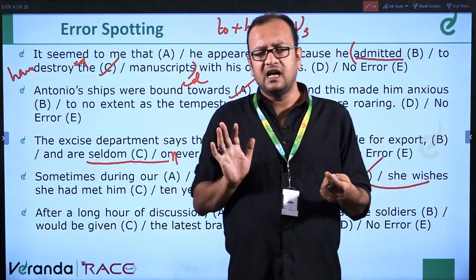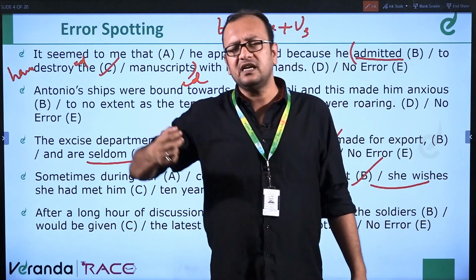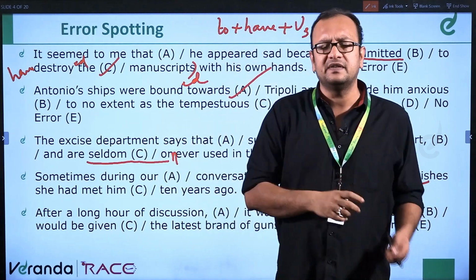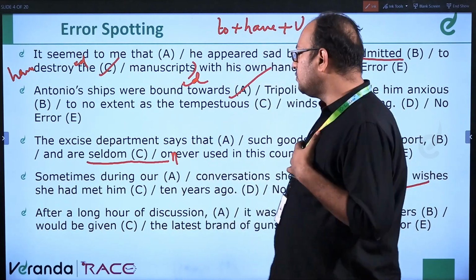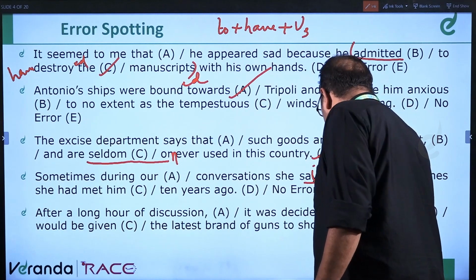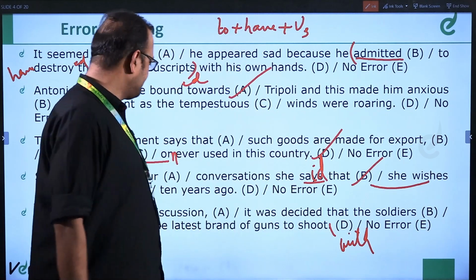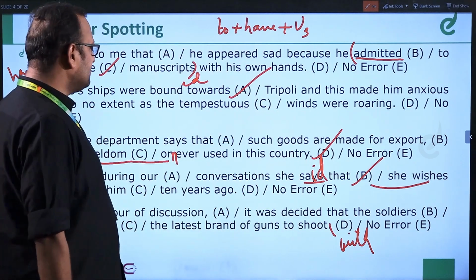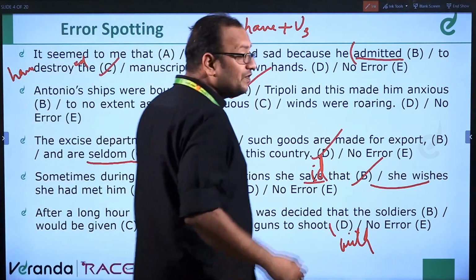But actually, if it is an instrument, we say, I'll give you a gun to shoot with. So it should be would be given the latest brand of guns to shoot with. Here it should come with.